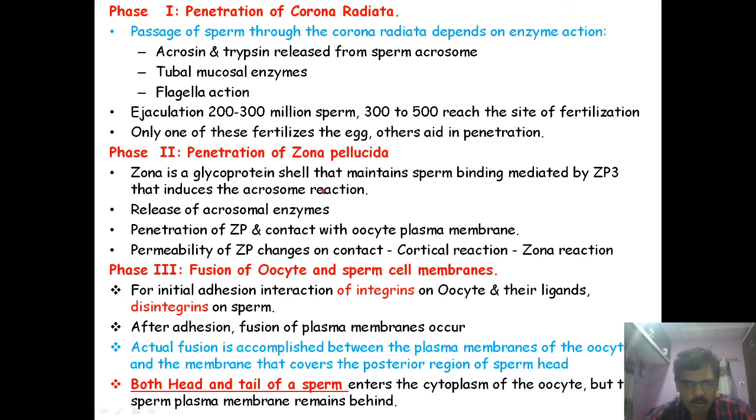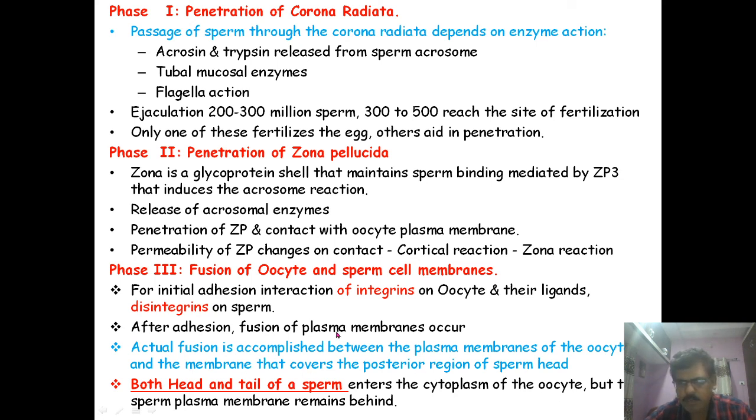It releases the acrosomal enzyme, penetrates the zona pellucida, and contacts the oocyte plasma membrane. After that, the permeability of the zona pellucida changes on contact, and the cortical reaction occurs. The oocyte and sperm cell membranes fuse, and both the head and tail of the sperm enter the cytoplasm of the oocyte, but the sperm plasma membrane remains behind.